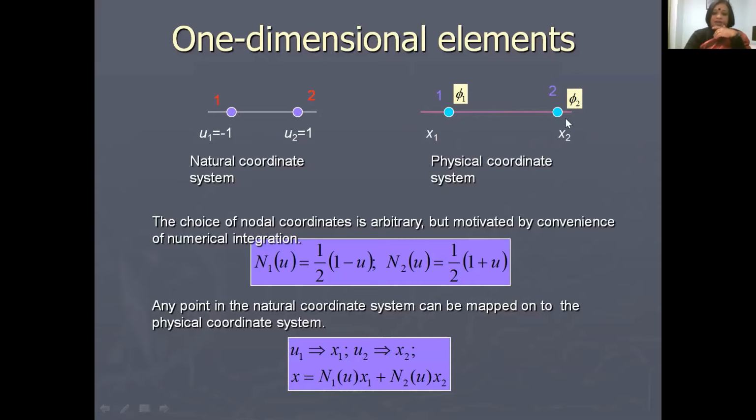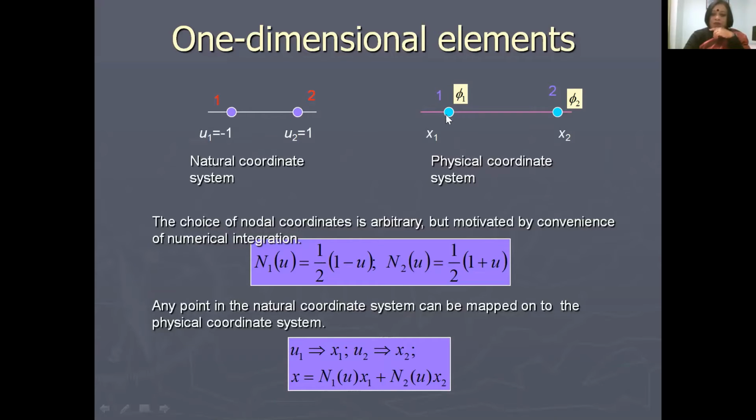Let's say you have a linear two-noded element, which is between points x1 and x2 on the XYZ plane. Therefore, you will have phi1 as the nodal variable at node 1, phi2 as the nodal variable at node 2. I am going to choose a second coordinate system, which I call the natural coordinate system. Since there is only one variable, let that variable be u.